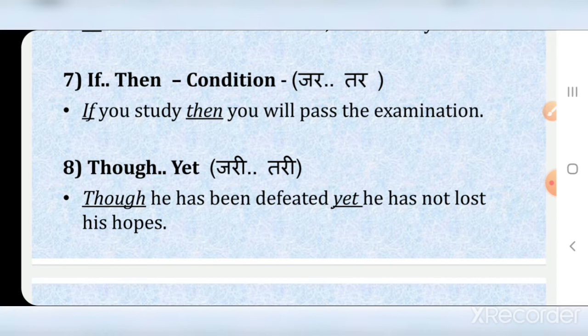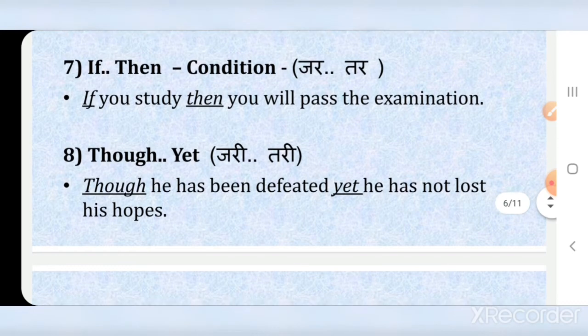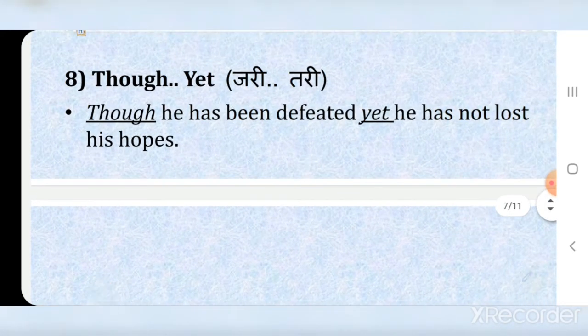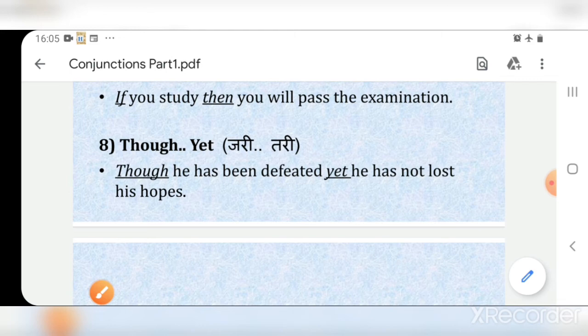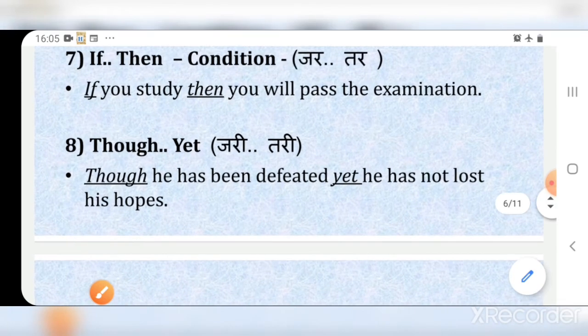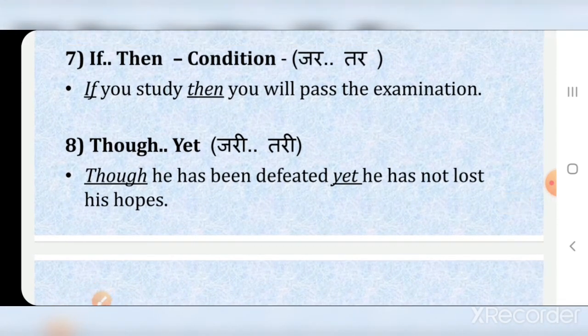These types of conjunctions we cannot use one after the other. That means you cannot say, if then you study you will pass the examination. You have to say, if you study then you will pass the examination.